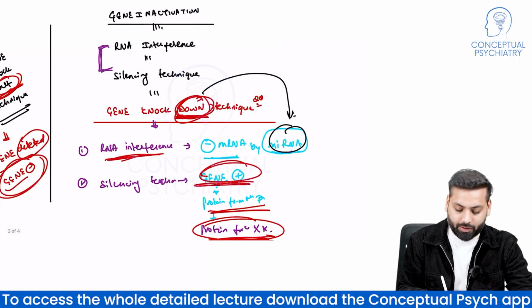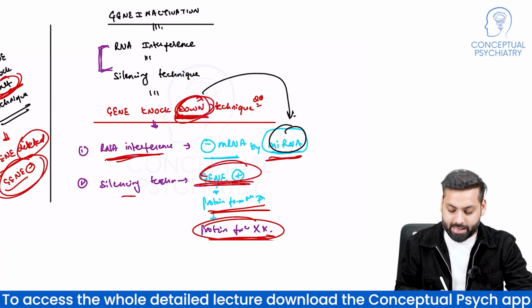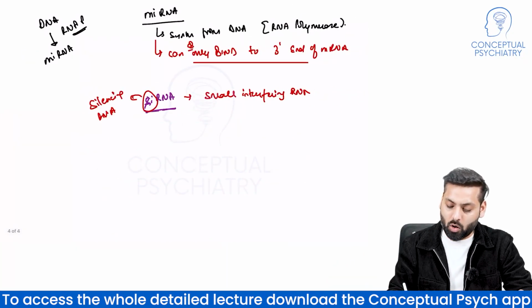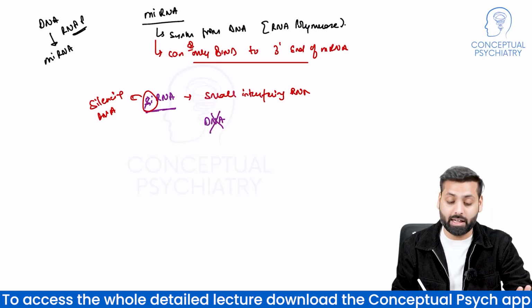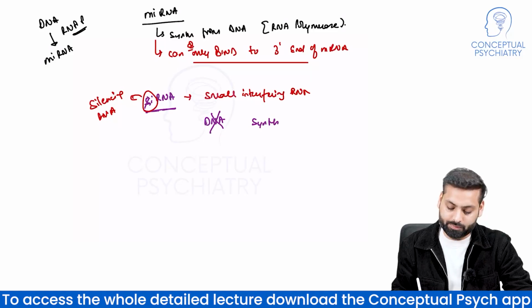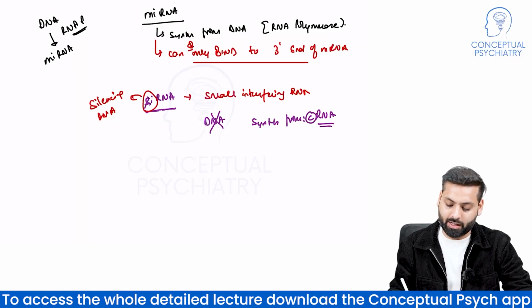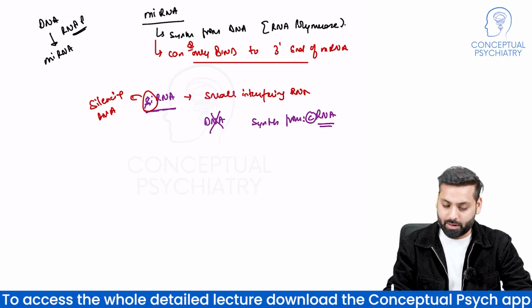One is RNA interference, which is by miRNA. The other is the silencing technique, which is by siRNA. Remember, this small interfering RNA is not formed from DNA. It is synthesized from RNA itself, the cytoplasmic RNA. Remember this.